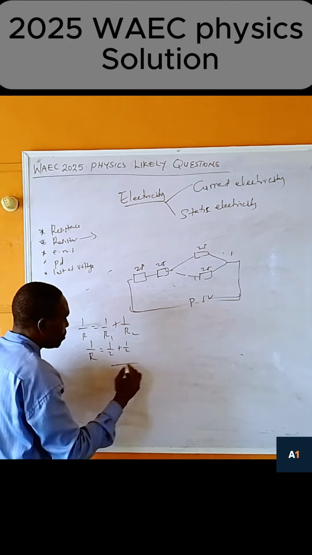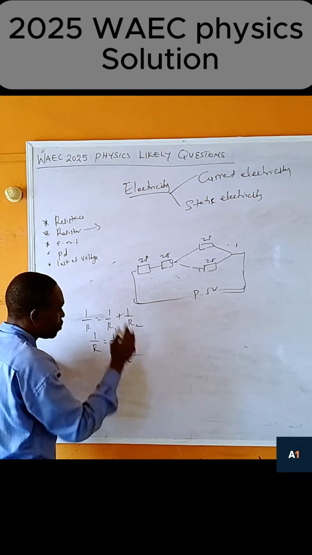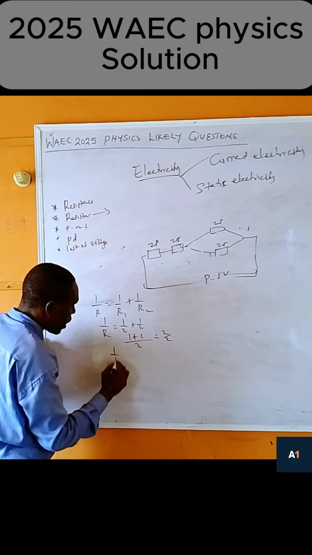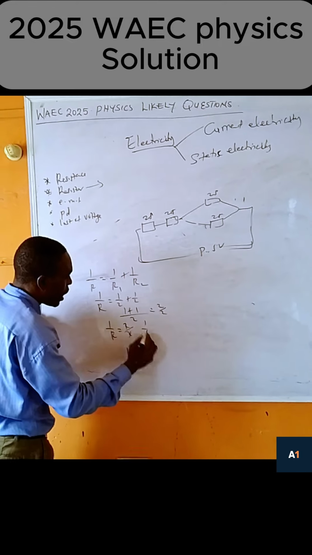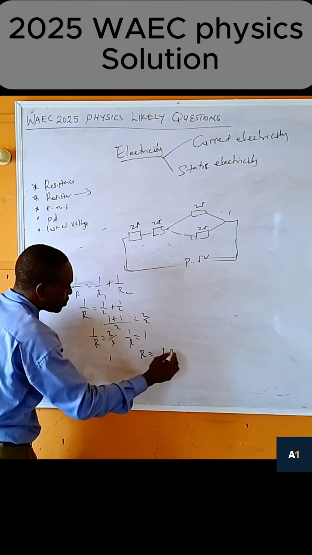The LCM is 2, so we have 1 plus 1, which is 2 over 2. So 1 over R equals 1, so R is equal to 1 ohm.